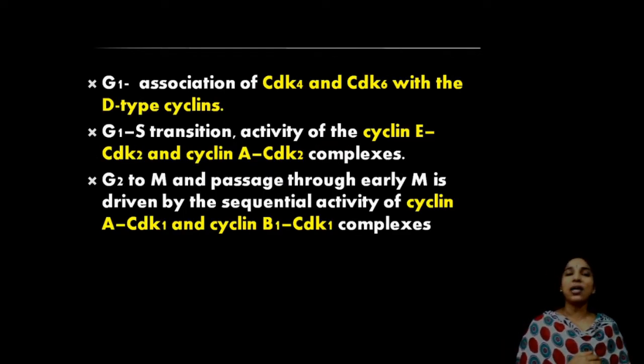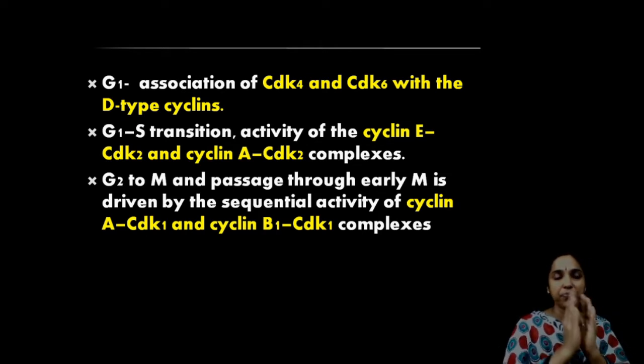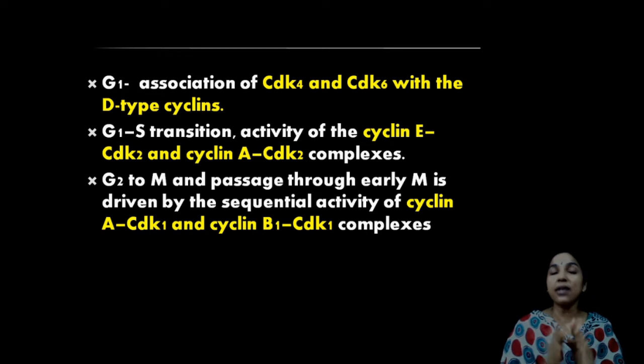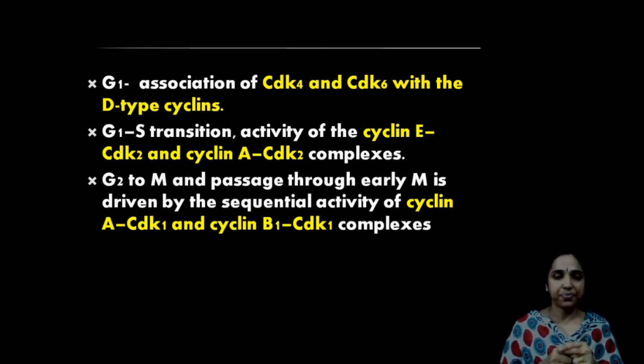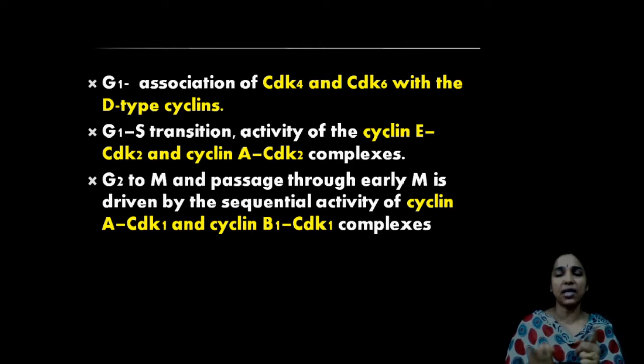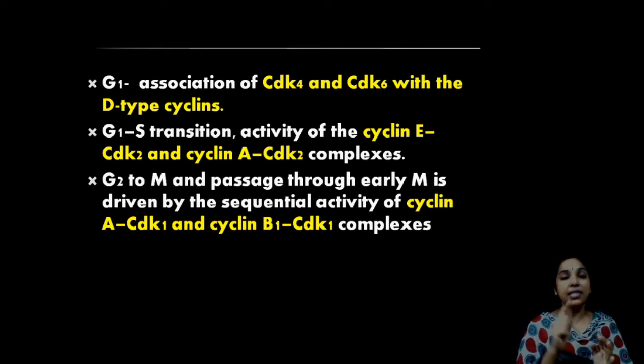Okay. So what are the various CDKs and associated cyclins? At the first checkpoint you can see CDK4 and CDK6 with cyclin D. So CDK4 or CDK6 combined with cyclin D. That is the first checkpoint. Okay. At the G1 to S transition, you can see CDK2 combined with cyclin E, and CDK2 combined with cyclin A at the second checkpoint.